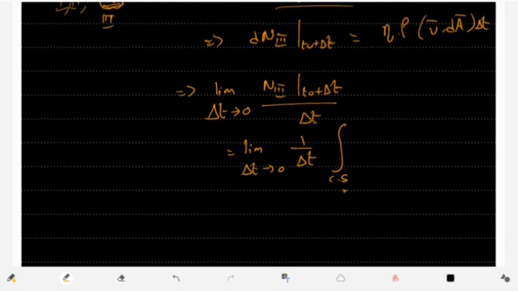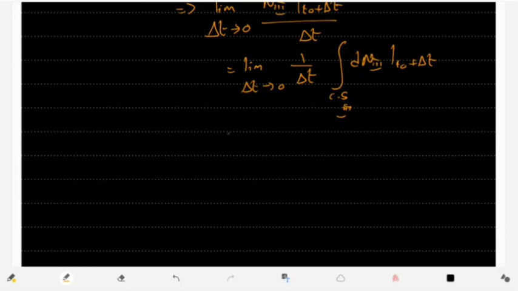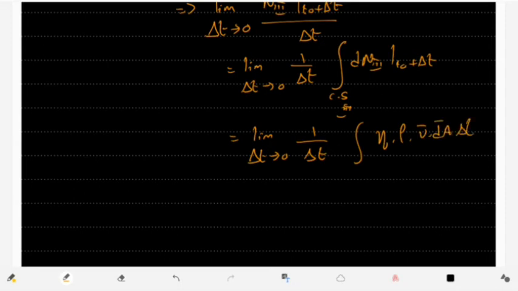So the integration over control surface 3 of dN3 at t naught plus delta t will give us limit delta t tends to 0, 1 by delta t, integral of eta into rho into v bar dot dA bar into delta t.